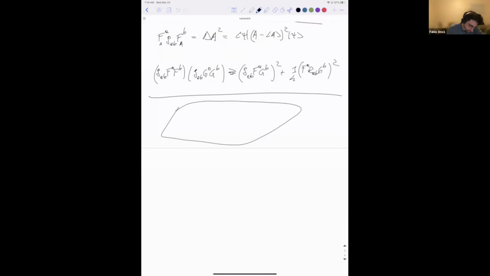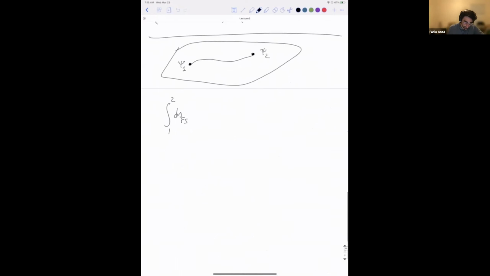If this is our quantum state space, and we start with a state psi1 and end in another state psi2, we make a path and ask: what is the minimal amount of time I need to get from psi1 to psi2? This is literally the way we define the Fubini-Study distance. We take the integral from 1 to 2 of ds Fubini-Study, which is basically the length L_12.